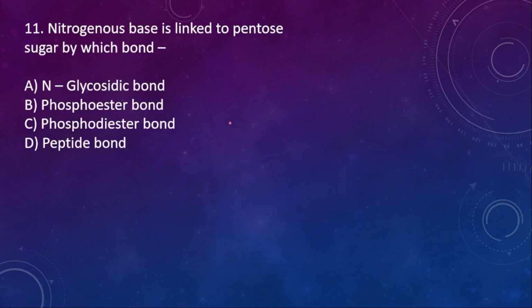So 11th question. Nitrogenous base is linked to pentose sugar by which bond? What he is asking is, this is the pentose sugar, and here there is a nitrogenous base, what is this bond?